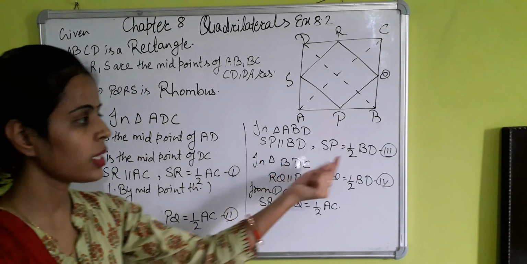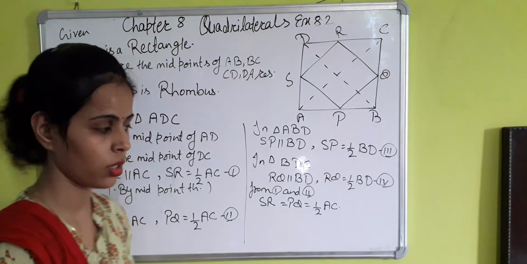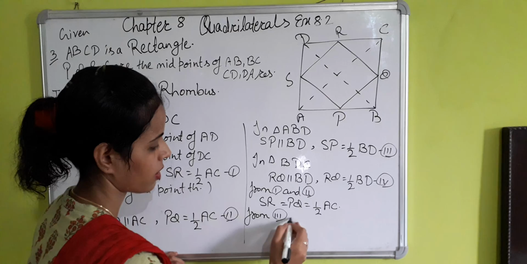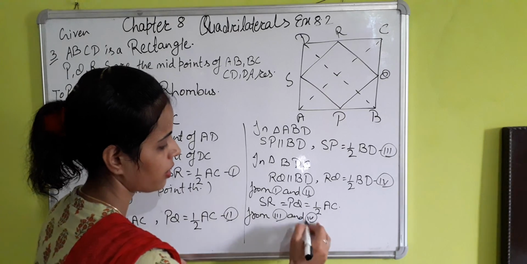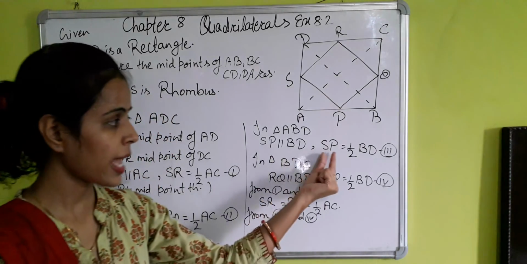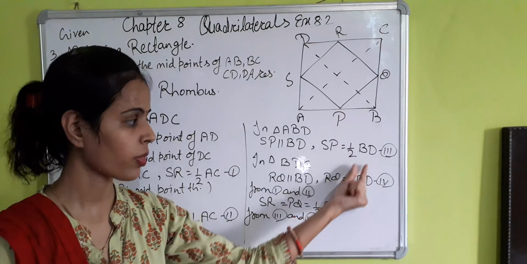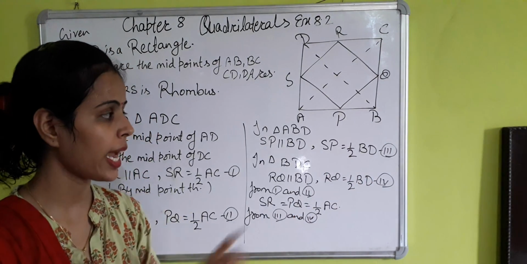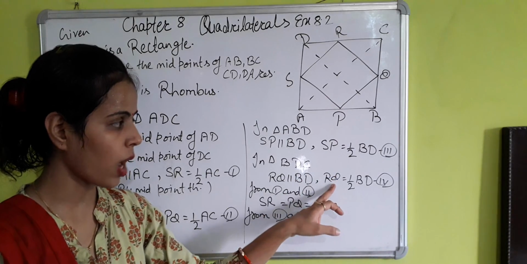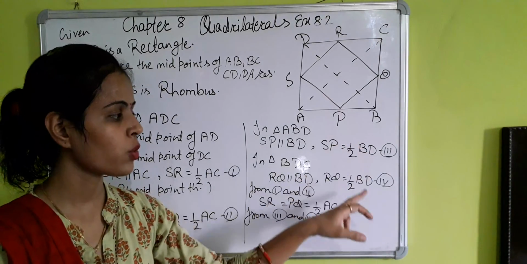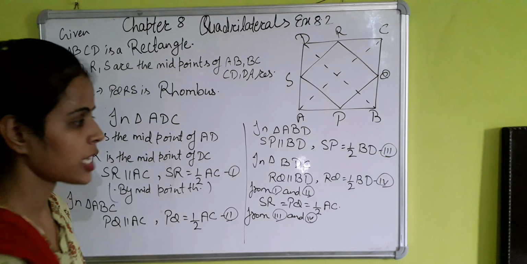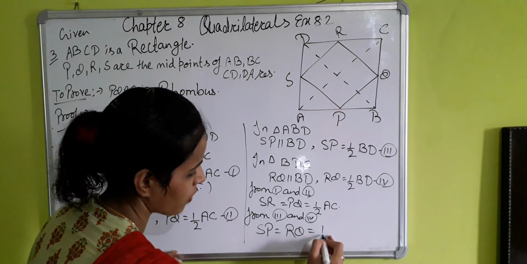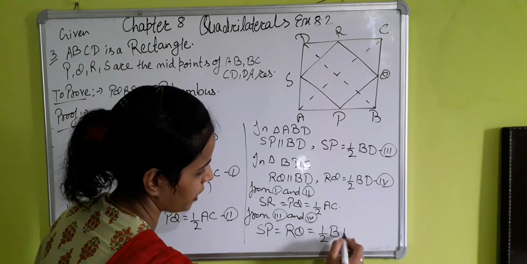And from equations third and fourth, SP is half of BD, RQ is also half of BD. Then we can say that SP is equal to RQ is equal to half of BD.